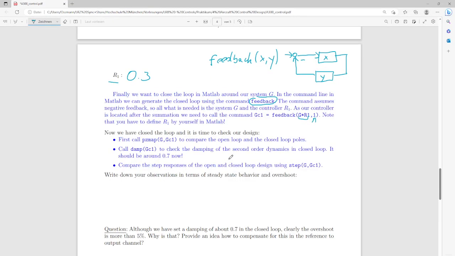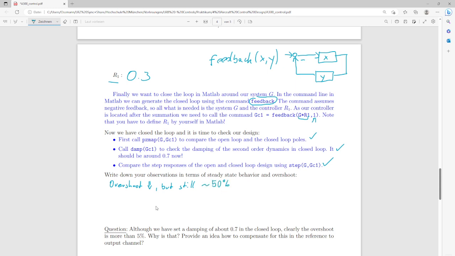This is what we've done. We checked the poles of the closed loop. We called damping, okay, it has 0.7, and we compared the step responses. Okay, so we should write down some observations we had in terms of steady state behavior. Well, the overshoot is reduced, but still around 50%.